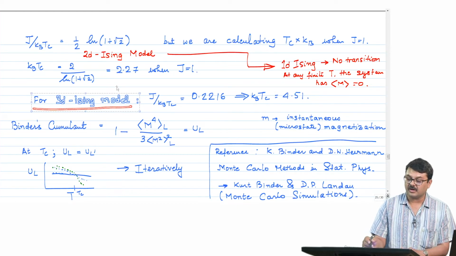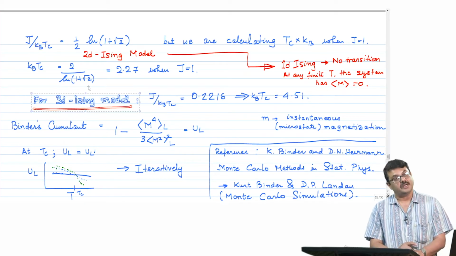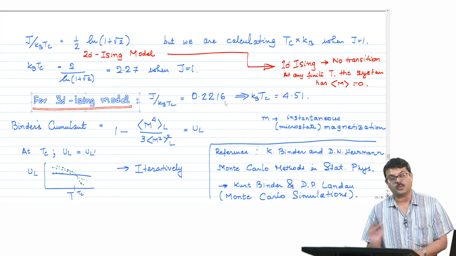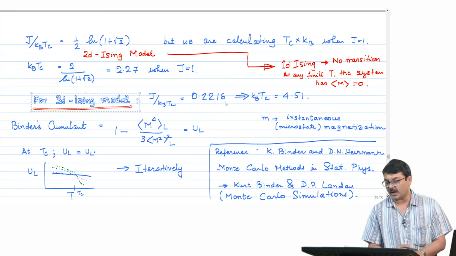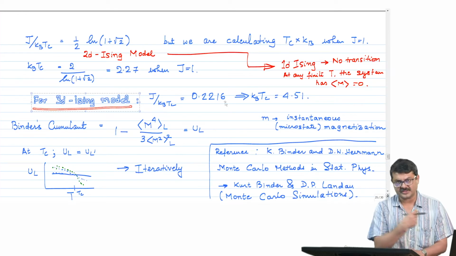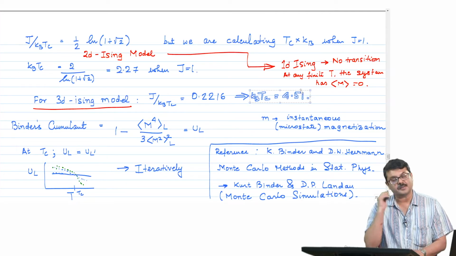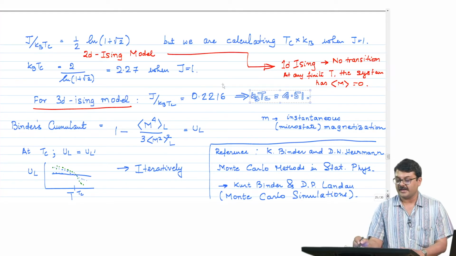The value of J by kBTC for the 3D Ising model is known, and its value is 0.2216, right. And if you set J equal to 1, if you measure temperature in units of J, which is what we have been doing till now, then the value of kBTC comes out to be 4.51, which is basically 1 by this number, right.